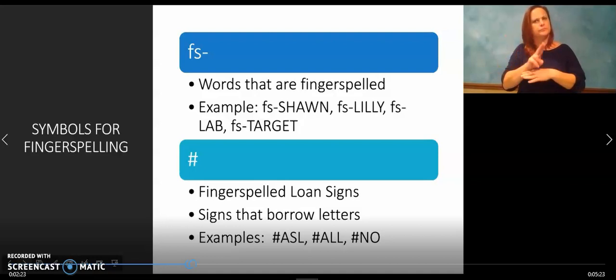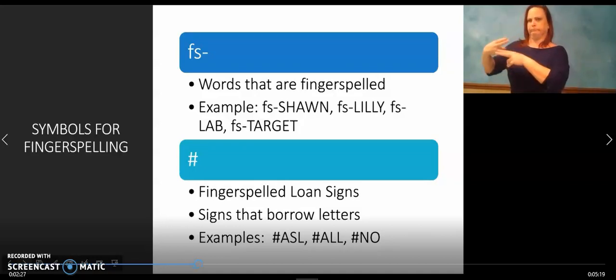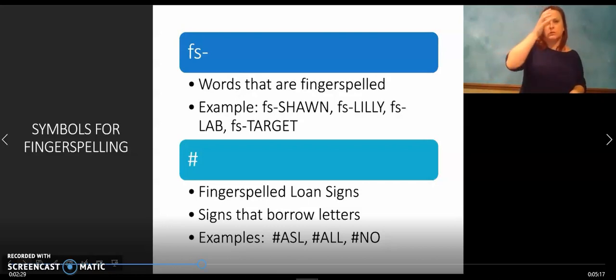For finger spelling, ASL is going to use it specifically for proper nouns, for concepts that don't have signs. But understand, if you don't know a sign for a specific word in English, you do not resort to finger spelling.